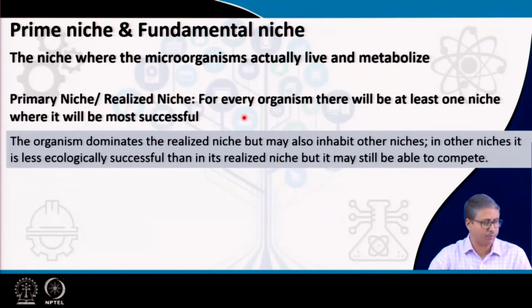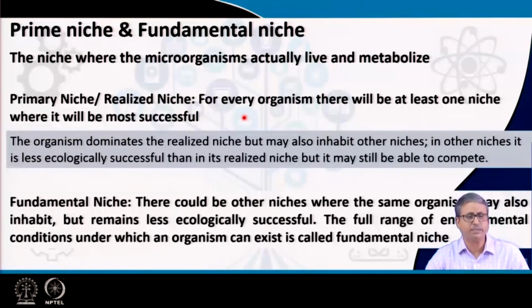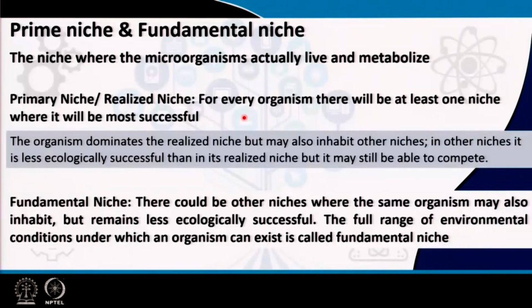So, a particular species can occupy multiple niches obviously, but it will have a primary niche, and there will be many other niches which are the fundamental niches, where the same species may occupy and grow, but remains less ecologically successful. For example, in several cases we have seen bacteria like a species of Pseudoxanthomonas, or Pseudomonas aeruginosa, or some other species.